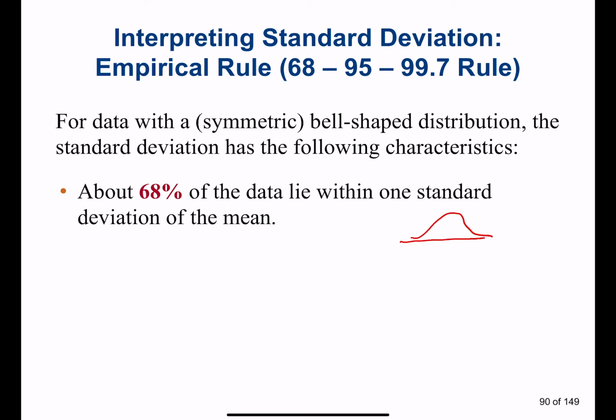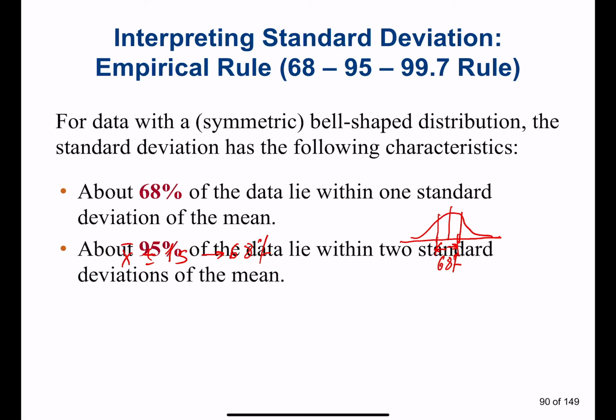Use your imagination, it's supposed to be bell-shaped. It tells you that if we have a bell-shape, then 68% of the data, let's say this is 68%, is located within the average plus or minus 1 standard deviation.